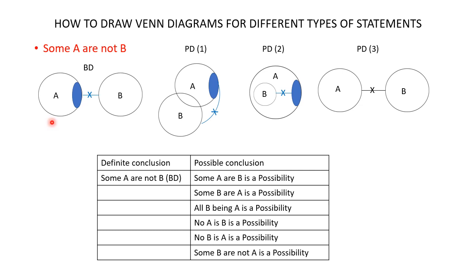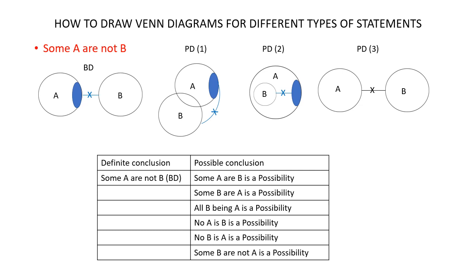Now this Venn diagram is the basic diagram for statements like some A are not B. But this basic diagram is not the only way of showing some A are not B. There are other possible ways of drawing a Venn diagram to show some A are not B. These diagrams are called possible diagrams.